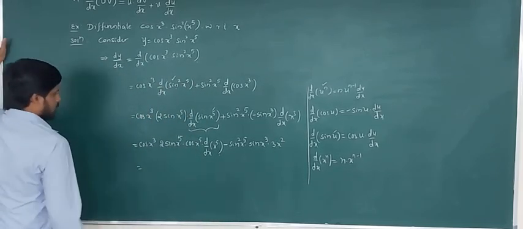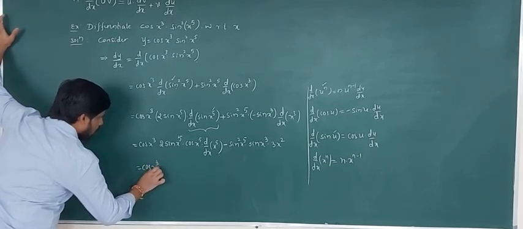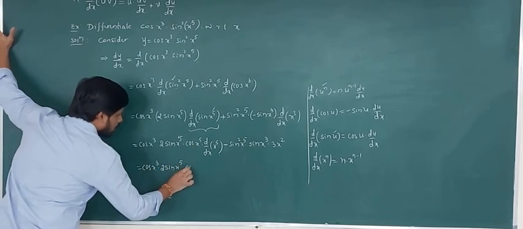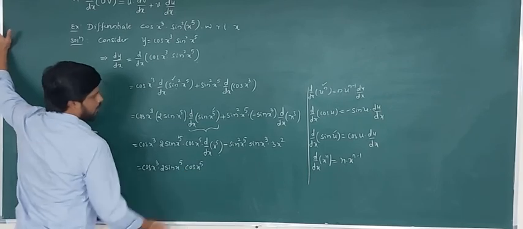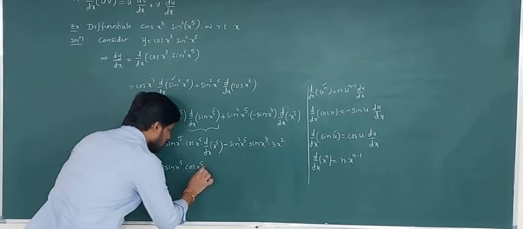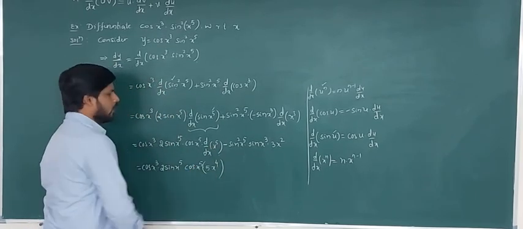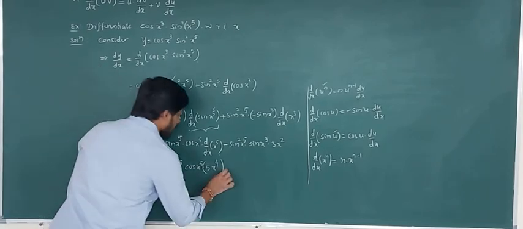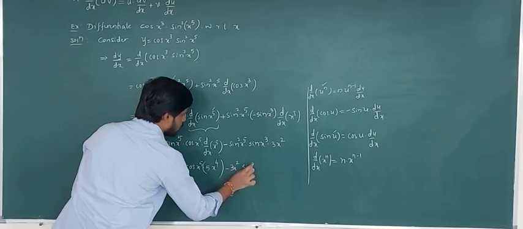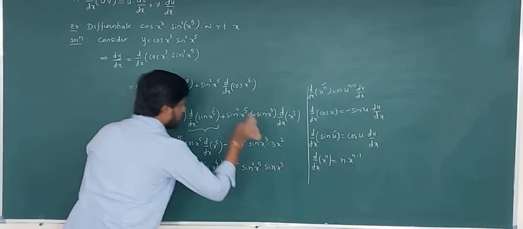So this equals cos x cube into 2 sin x to the power 5 cos x to the power 5. Again the x to the power n formula applied, we get x to the power 5 differentiated as 5 into x to the power 4. This is the differentiation of x to the power 5, minus 3x square into sin square x to the power 5 into sin x cube.